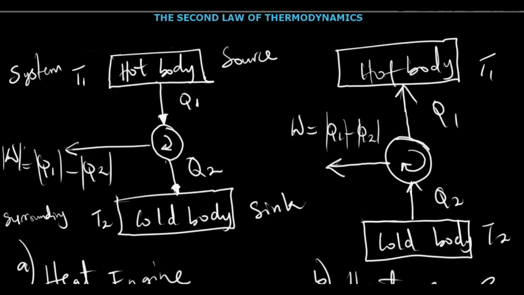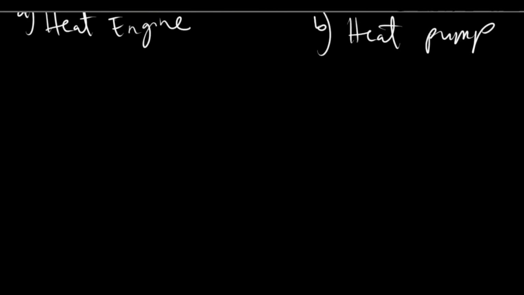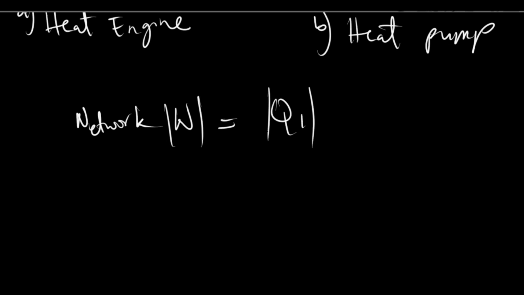Hence we can say that the network done, where we are using the magnitude sign, means that energy can come from the source and also from the sink, so it can be a negative value. So the modulus of heat supplied or heat lost should be a positive value.